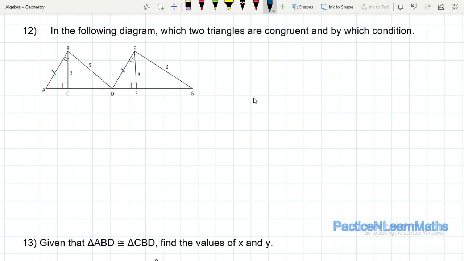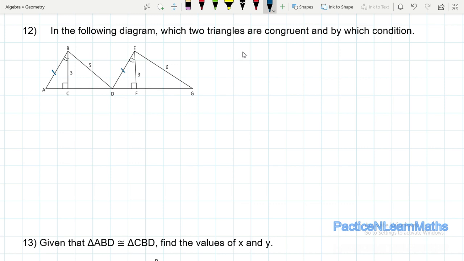In the following diagram, which two triangles are congruent and by which condition? Here you see 4 triangles and all the triangles are right angled triangles. From the drawing you see that 2 triangles are small and 2 triangles are big.